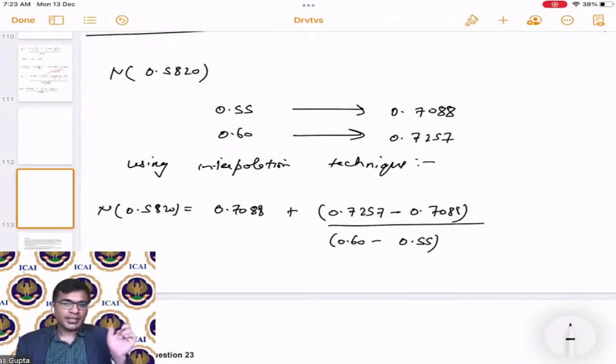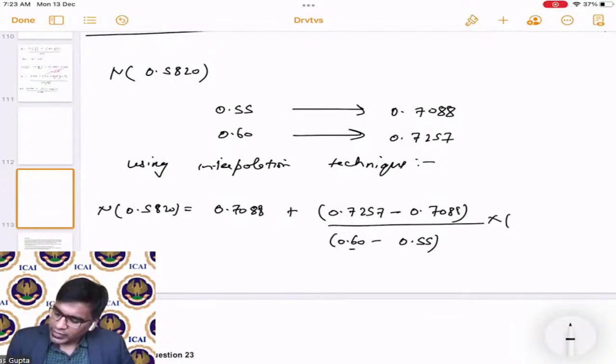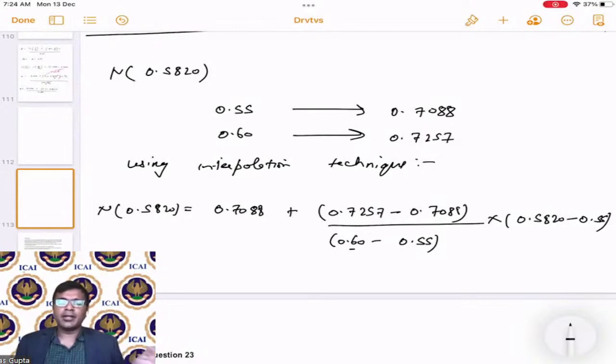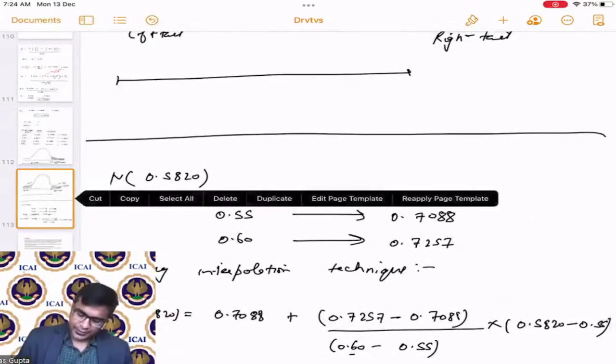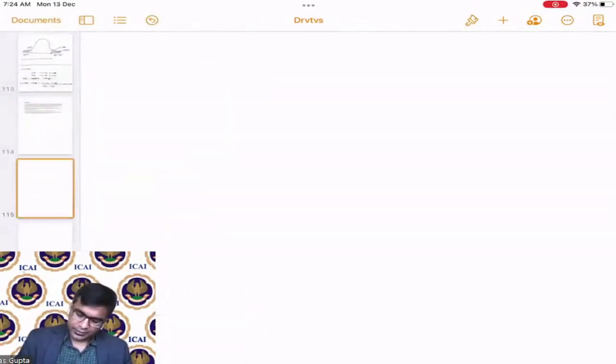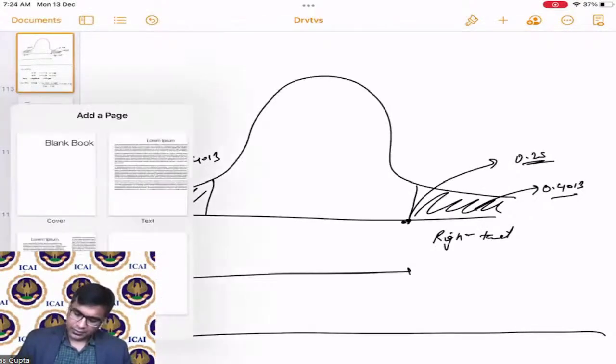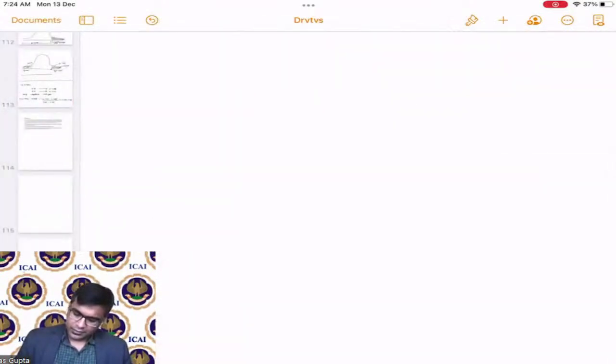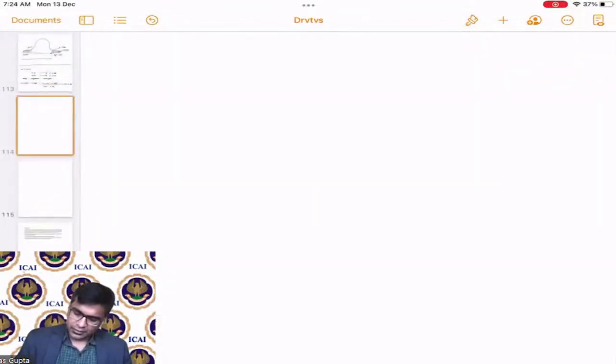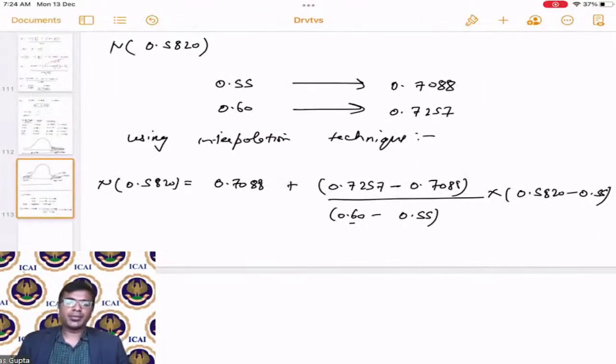If this is the difference for 5 points, this 60 minus 55, then what is the difference from the required value, which is 0.5820 minus 0.55? Simple. This is a very simple interpolation technique that we have used.